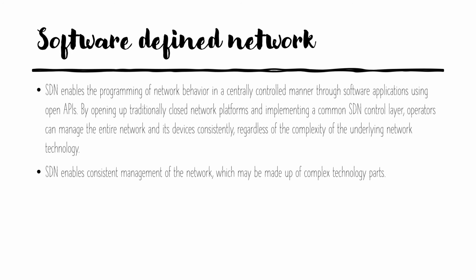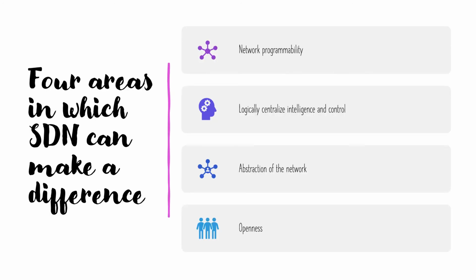SDN enables consistent management of the network, which may be made up of complex technology parts as well. There are four critical areas in which SDN technology can make a difference for any organization. One is network programmability, two is logically centralized intelligence and control, three, abstraction of the network, and four, openness.